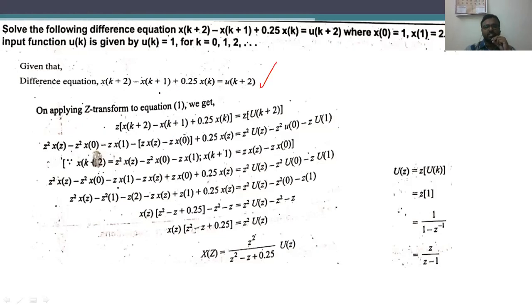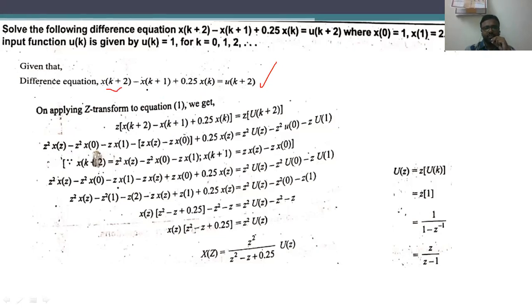So applying the Z transformation for this one, we are going to get, for x of k plus 2, z square into x of z minus z square into x of 0 minus z into x of 1. It is the z transformation for x of k plus 2.